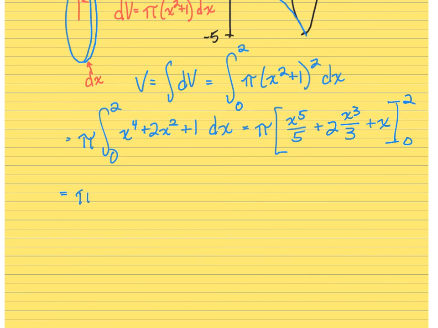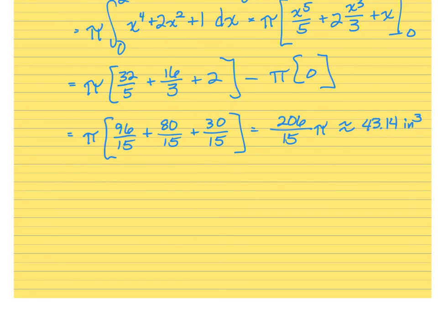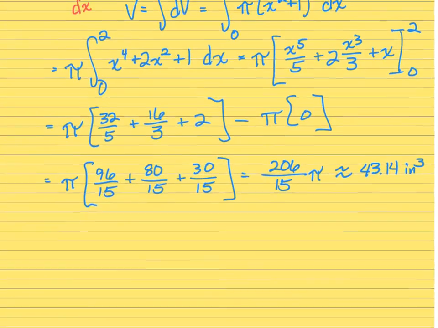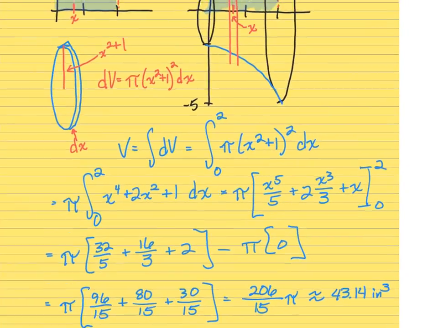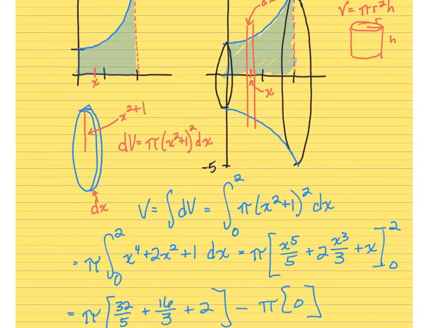And so we get pi. Plug in a 2, we're going to get 32 fifths plus 16 thirds plus 2, minus pi times 0. And so I went ahead and finished that up. Ended up with 43.14 cubic inches as our volume.